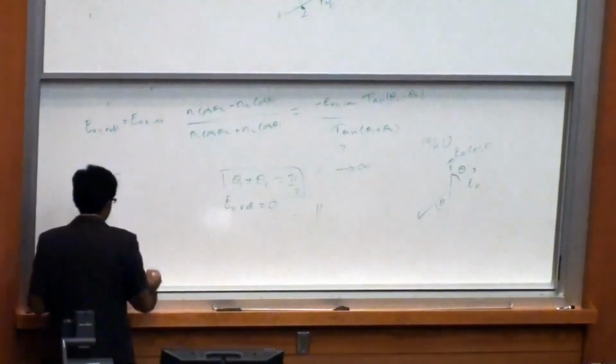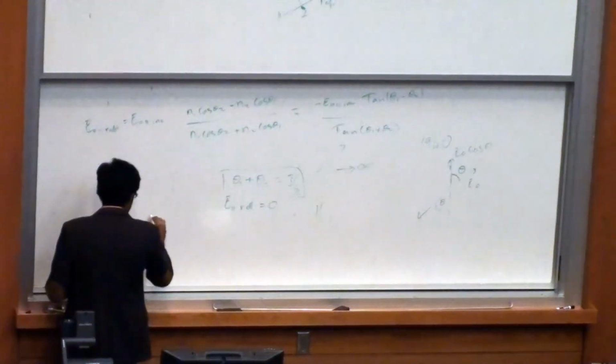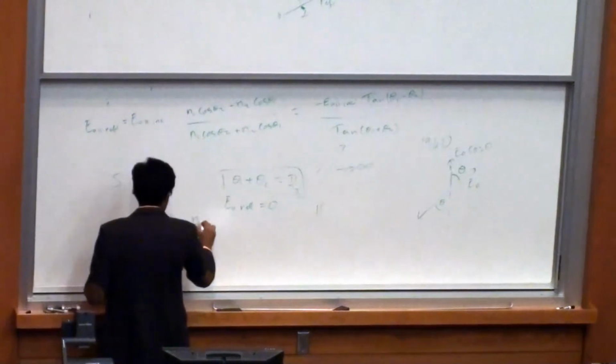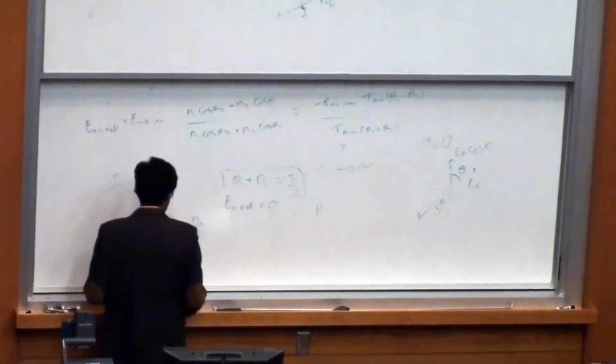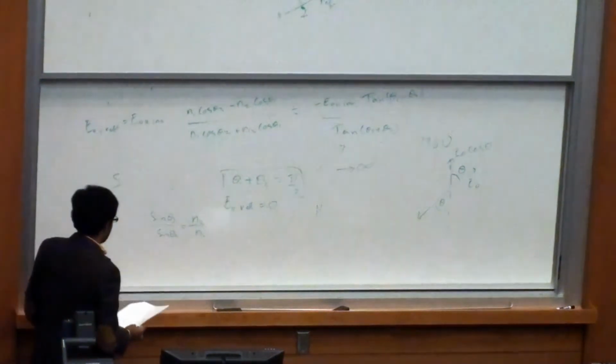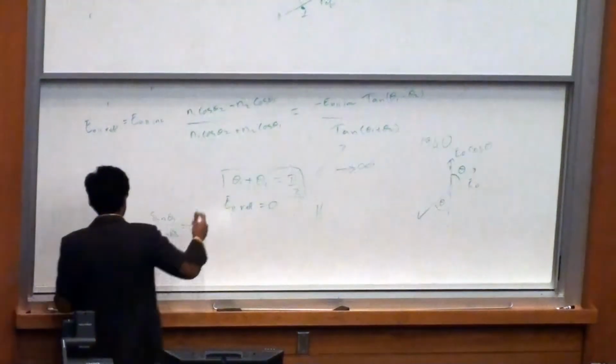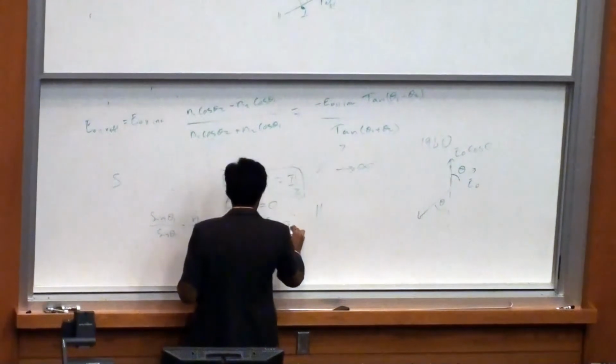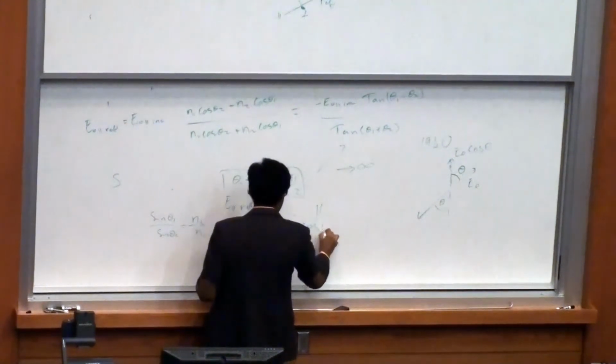Now Snell's law says we have sine of theta 1 over sine of theta 2 equals n2 over n1. Right? Now, if this is the case, then sine of theta 2 is equal to the cosine of theta 1, cofunction identities.